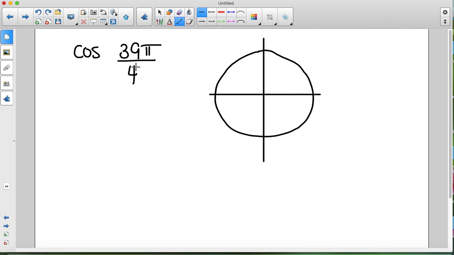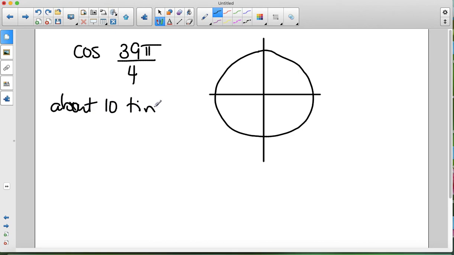How many times does 4 go into 39? 39 divided by 4 is about 9, but is there something left over? The closest it could go to is 10 times, since 4 times 10 makes 40.